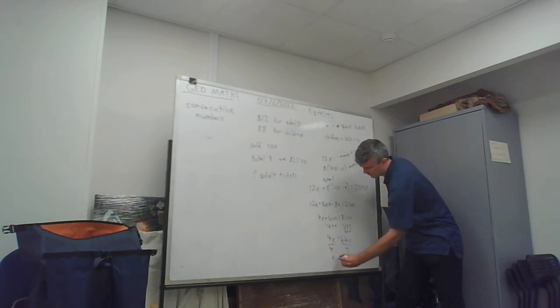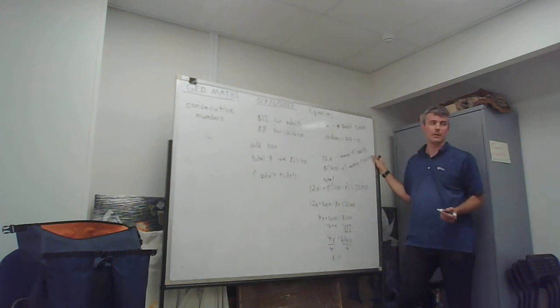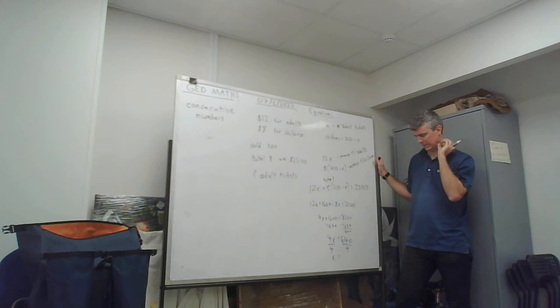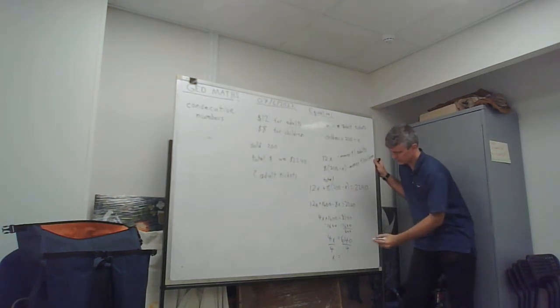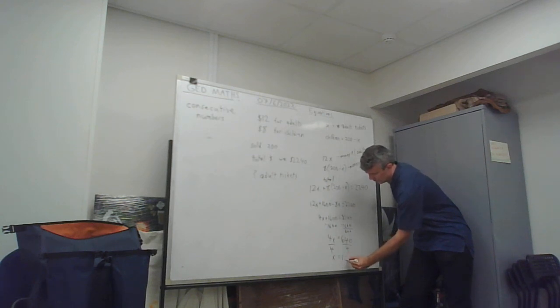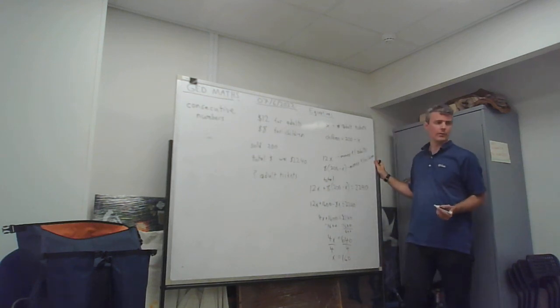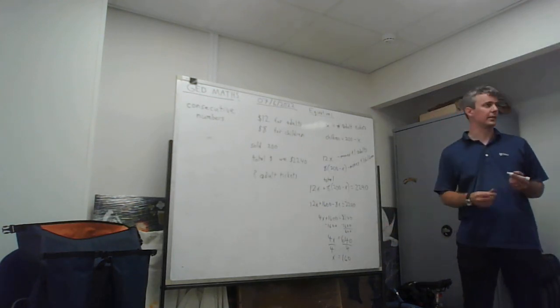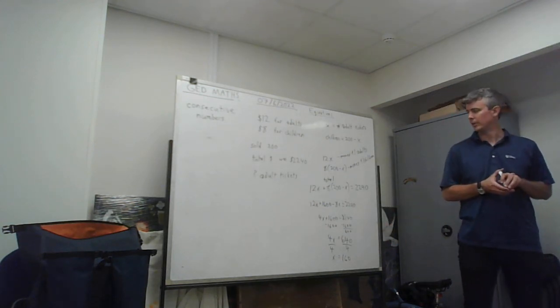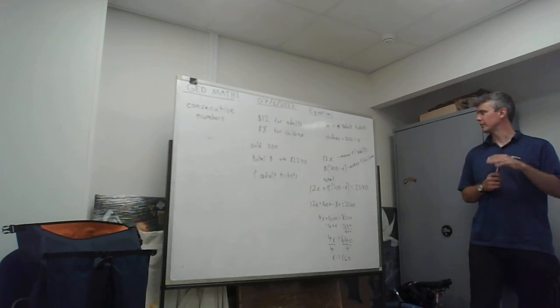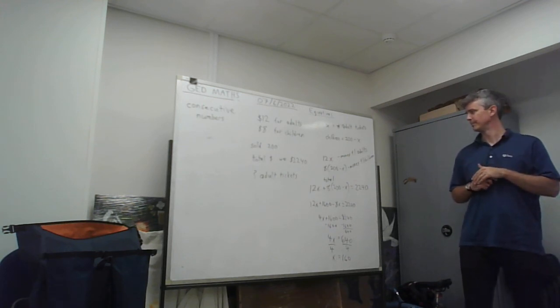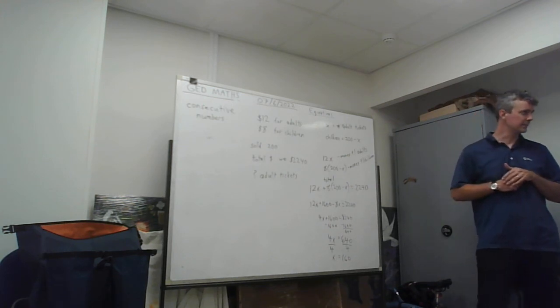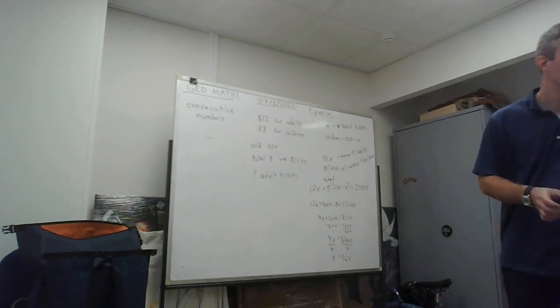And we get X equals, what's 640 divided by 4? 160. That was the question, right? How many adult tickets were sold? 160. 160 adult tickets sold.